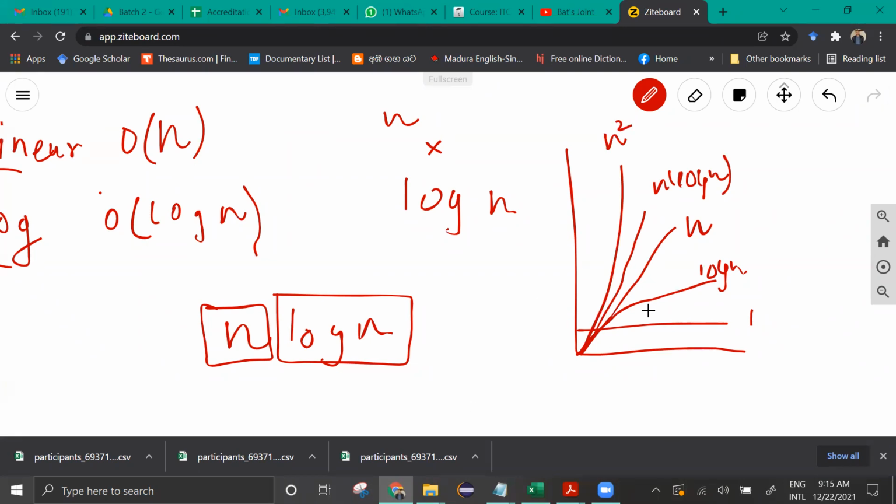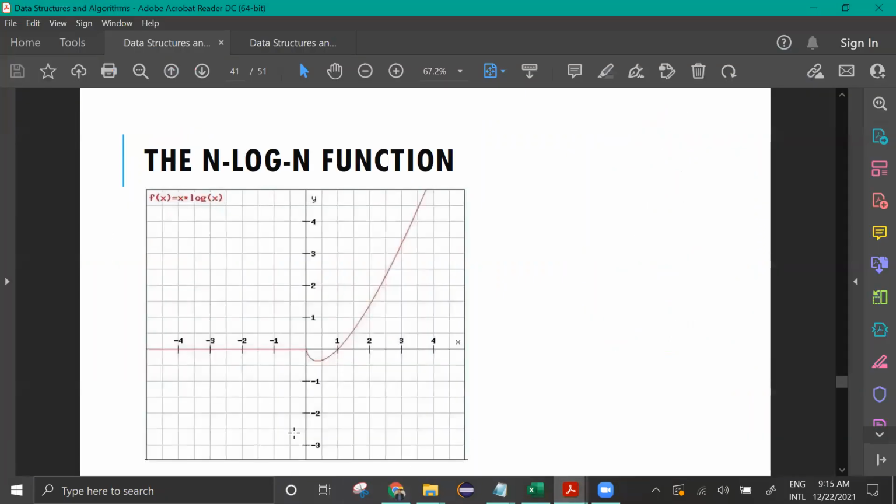It is called quadratic, so I will explain. So n log n is in between n and n squared, linear and quadratic. It is in between. N log n.